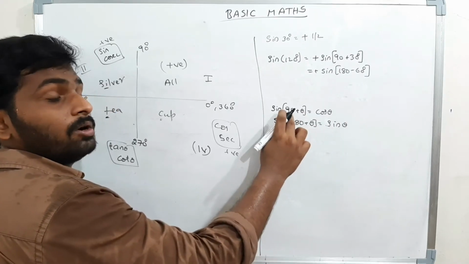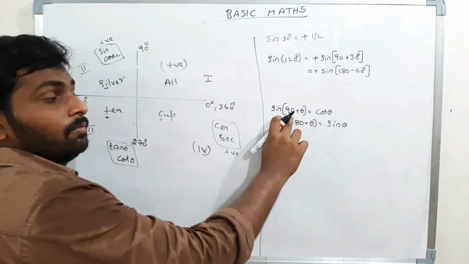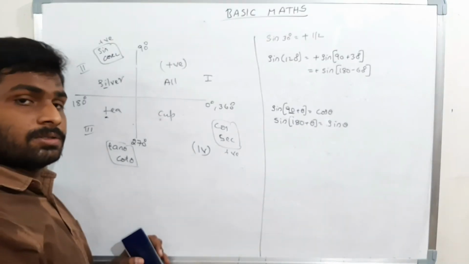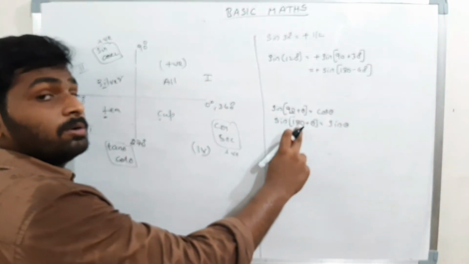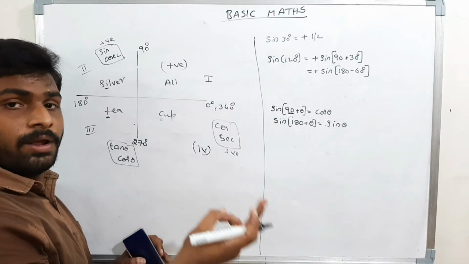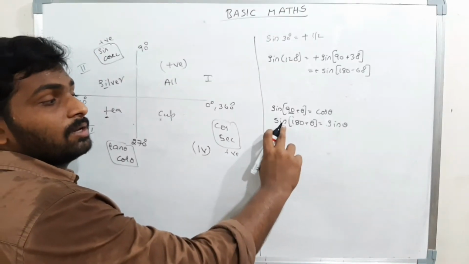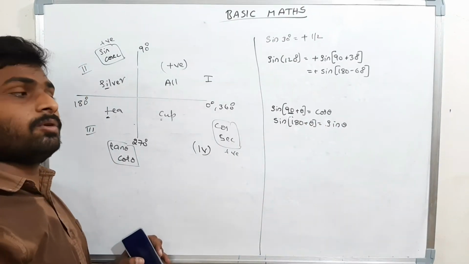When it is odd multiples of 90, then sin will become cos. If it is even multiples of 90, that means 0, 180, 360, then the function will be sin. There will be no change.